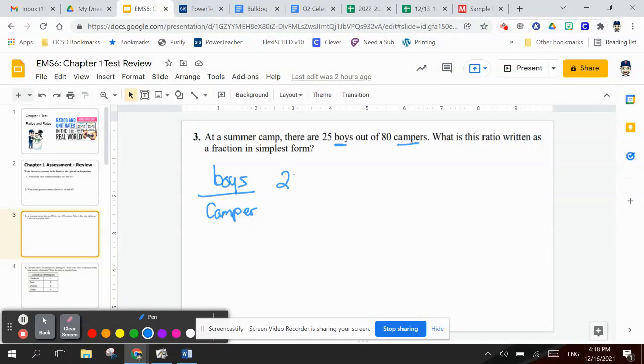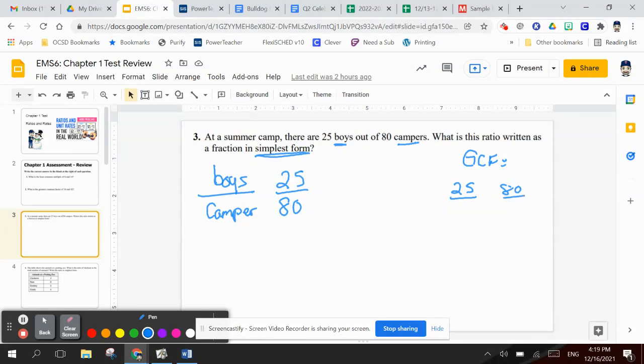I know there are 25 boys for 80 campers. So what I want to do now is put that into simplest form. So I'm going to find the greatest common factor.